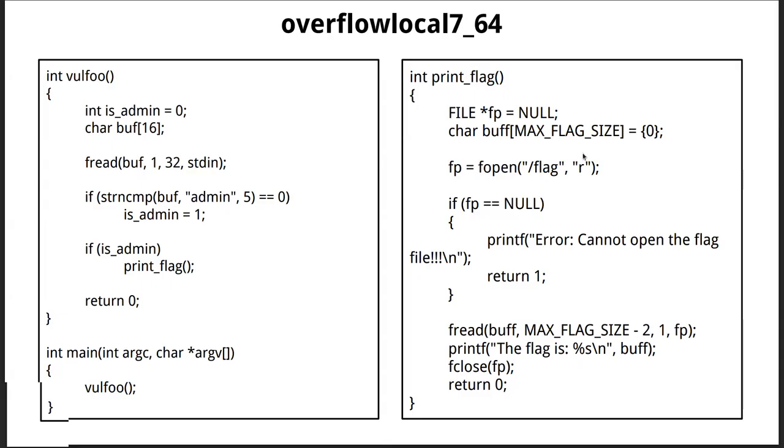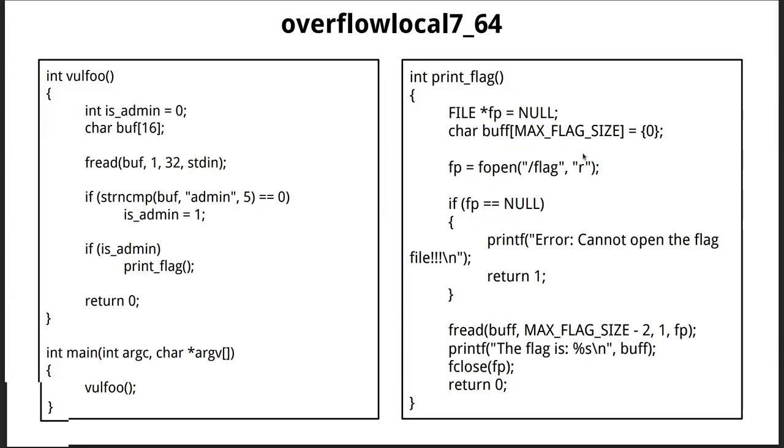Then it tries to open the flag file in the root directory, and checks if the open was successful. If it's not successful, it says cannot open the flag file. Maybe you don't have permission to do so. If you are not running this as root, you don't have permission to open that. You also can get this message if the file doesn't exist. Otherwise, it will just read the flag, print it out for you, then close the file. That's it. This is the one we are familiar with.